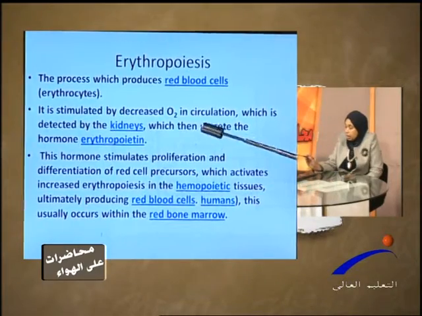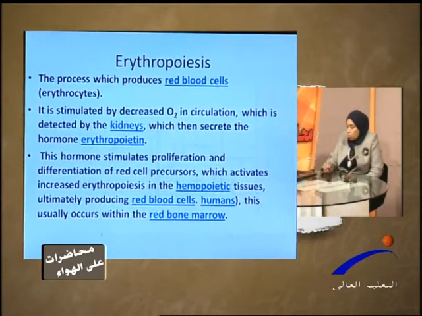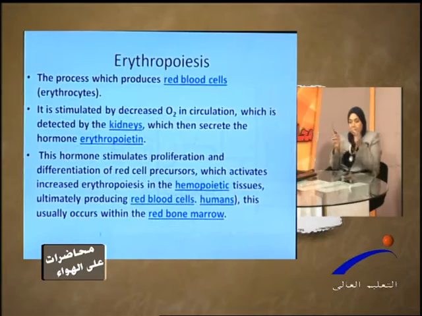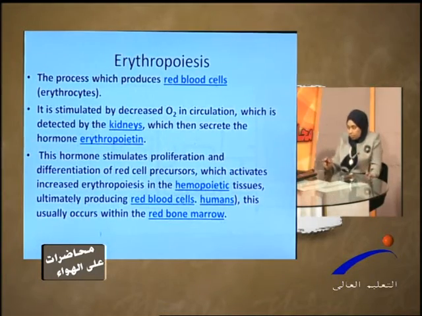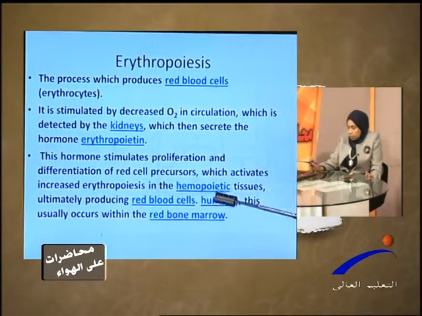So it is stimulated by decreased oxygen in circulation, which is detected in the kidney, which then secretes erythropoietin. This hormone stimulates proliferation. Proliferation means for cells to divide and increase in number.